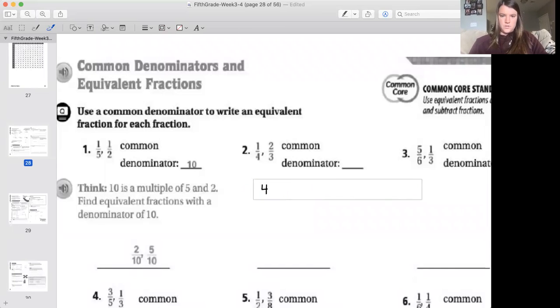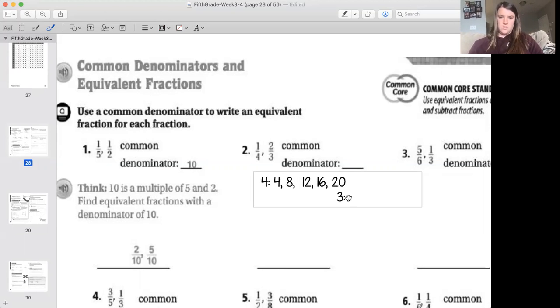So we have 4 and we have 3. We need to list the multiples. That would be 4, 8, 12, 16, 20.